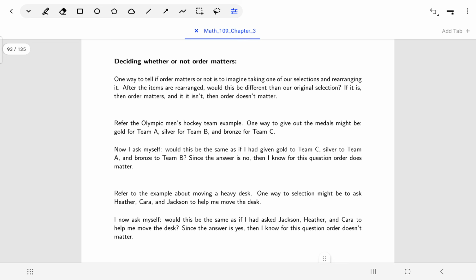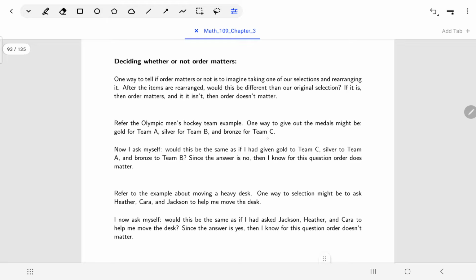So an example of that, the Olympic men's hockey team question, where we had 12 teams and we were giving out a gold, silver, and a bronze. We answered that question using a permutation, and I said after we solved that question that order matters for this. So how do I know that order matters? So one option might be Team A gets the gold, Team B gets silver, Team C gets the bronze.